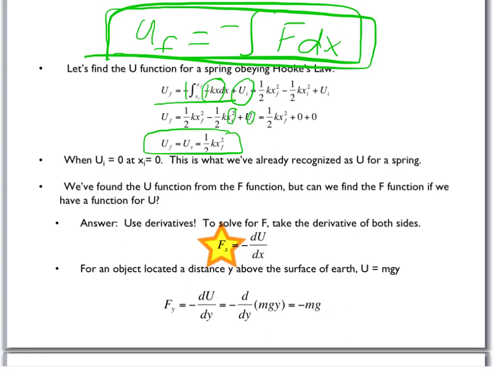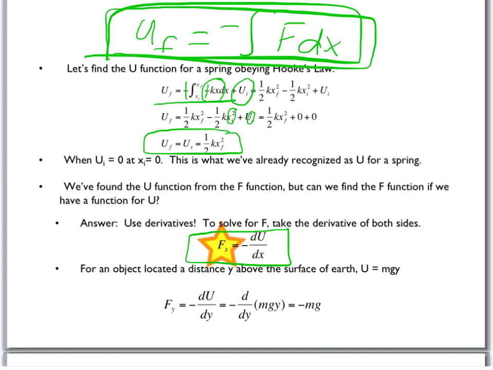And of course, the opposite of an integral is going to be a derivative. So rather than integrating force to find potential energy, we could take the derivative of potential energy in order to find force. That's where we come up with this equation here. Force is now going to be equal to the negative derivative of potential energy, again with respect to position.